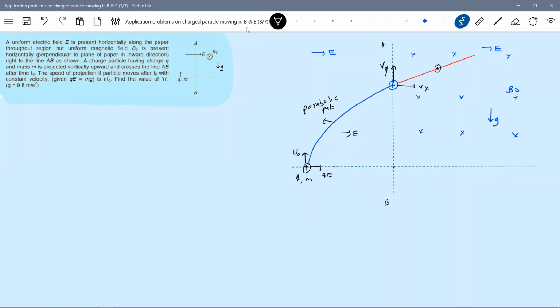So what are the various forces that are going to act? Mg, and the electrostatic force, Fe. Then who will balance Mg? The component of magnetic force only. So then let's get into the magnetic field. It will have both X and Y components, no?